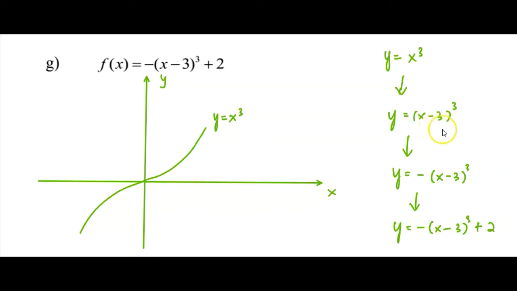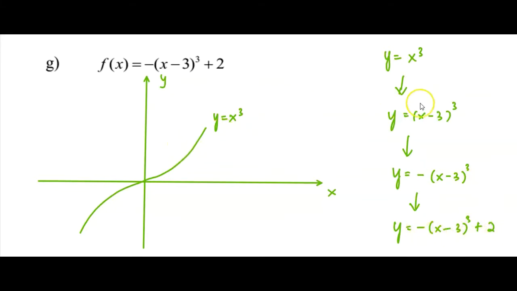After we have done this, I'm going to find the negative of x minus 3 cubed, where I will reflect the graph about the x-axis to have the negative graph. After that, we will move our graph 2 units upwards. Then we will have our function f of x.